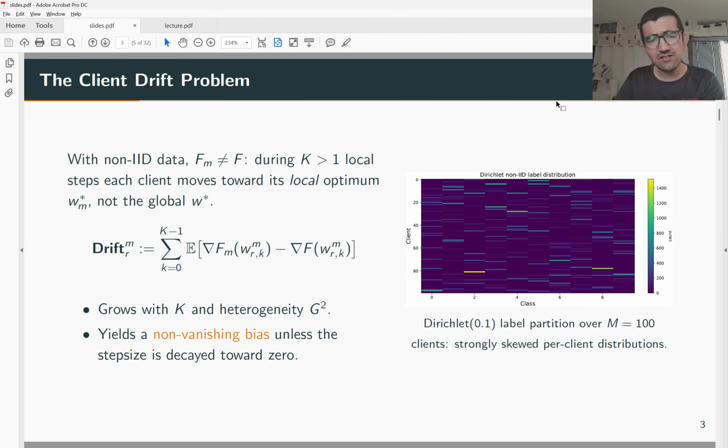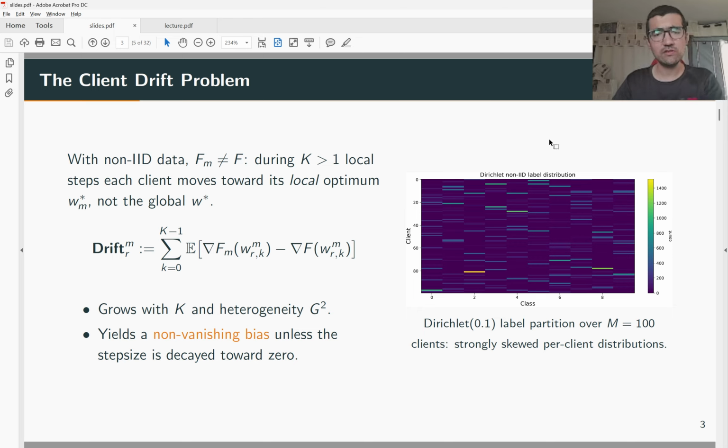So what actually goes wrong? When data is non-IID, each client's local objective is different from the global one. During those K local steps, every client is quietly working toward its own local optimum rather than the global one. This is what the literature calls client drift, and the equation here summarizes it. It's the accumulated gap between local and global gradients along the local trajectory.